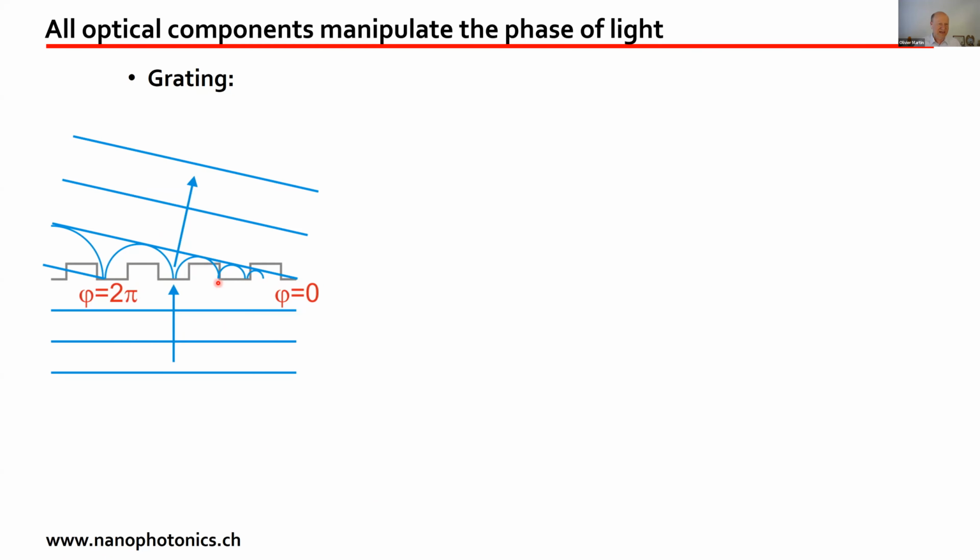But in order for the light to bend to the right, we see here, there must have been a little additional phase. And here a bit more, and here a bit more. And finally, we come to the point where it's the next phase front that is going to arrive at this point. So between this point and this point, we can understand the function of this grating as adding phase to the incoming light.